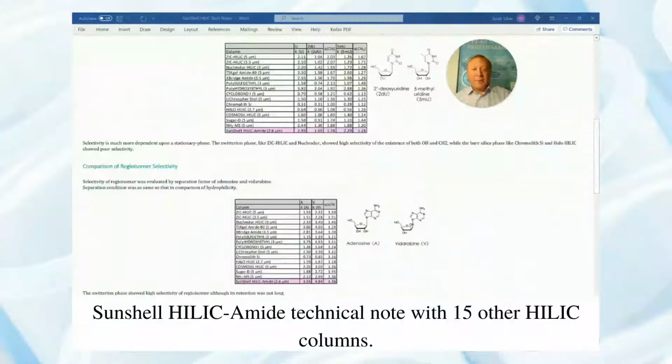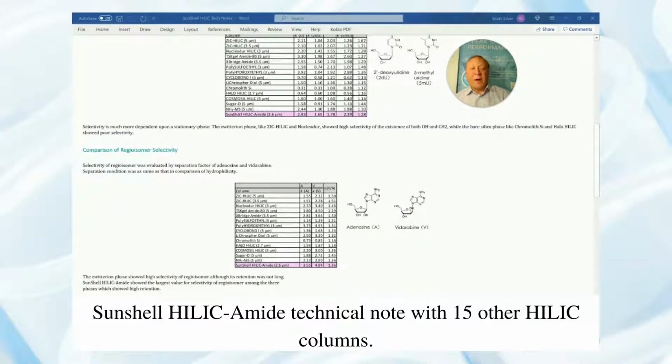Now, looking at comparison of regioisomer selectivity of these columns, we're going to look at this in relation to separation condition and selectivity for adenosine and vidarabine, as you can see to the right. Looking at the Zwitter ion phase columns, they showed good selectivity.